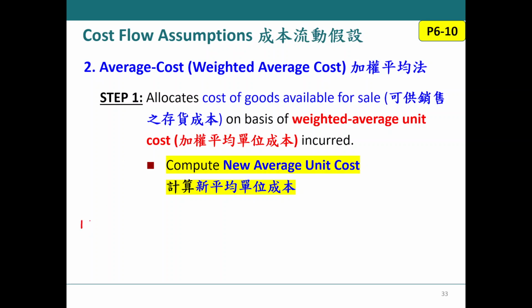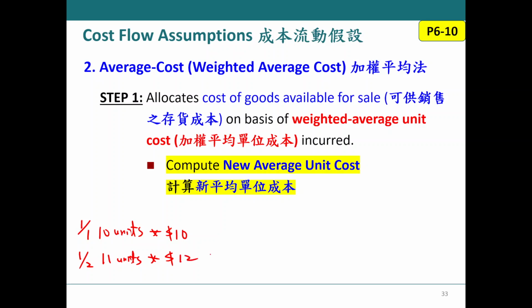So what does it mean? For example, beginning, I have the inventory 10 units. Okay? Each one, the unit cost is $10. What if we have second inventory 11 units? Then unit cost is $12.